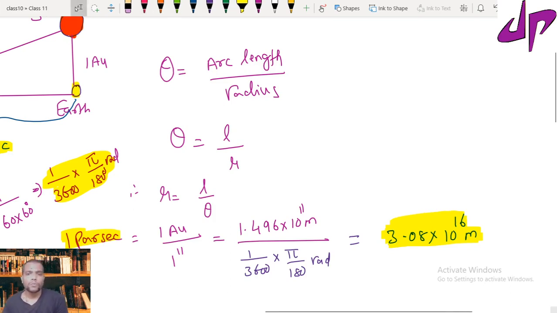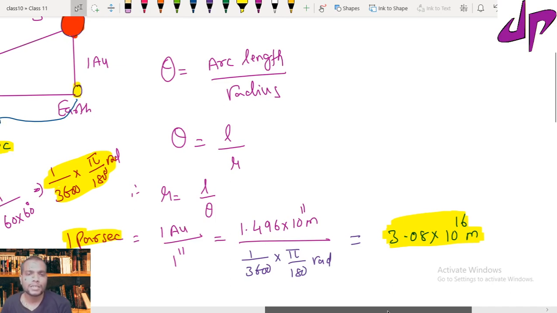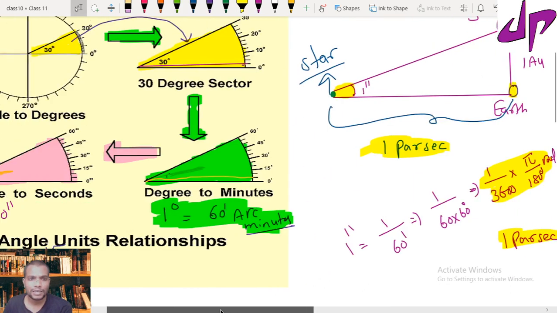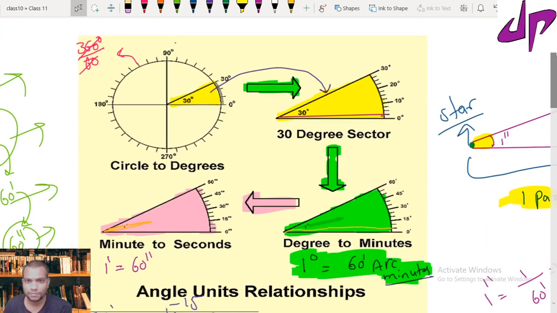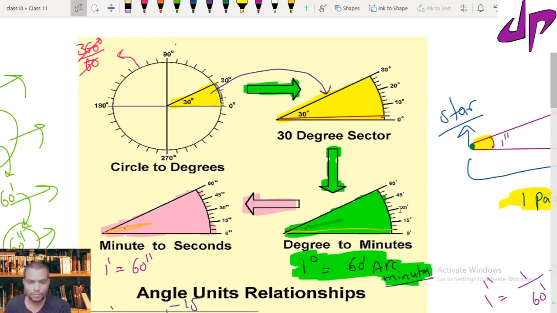So this is how to measure the largest distance above the astronomical unit, in terms of the parsec. Here, how did we convert degrees in terms of minutes? 1 degree, very important here, equals 60 arc minutes.